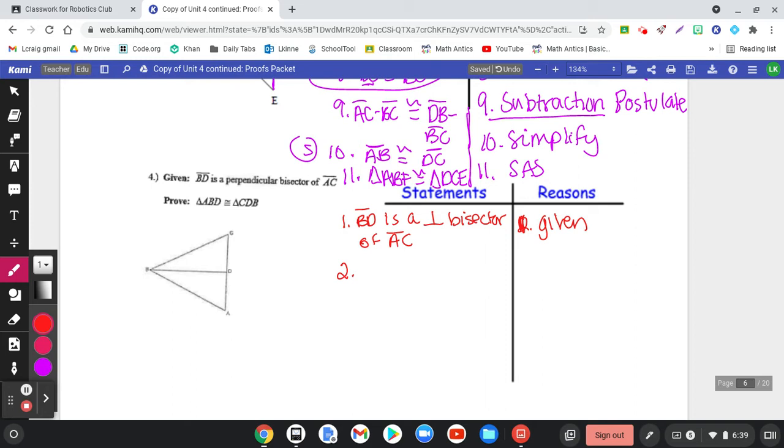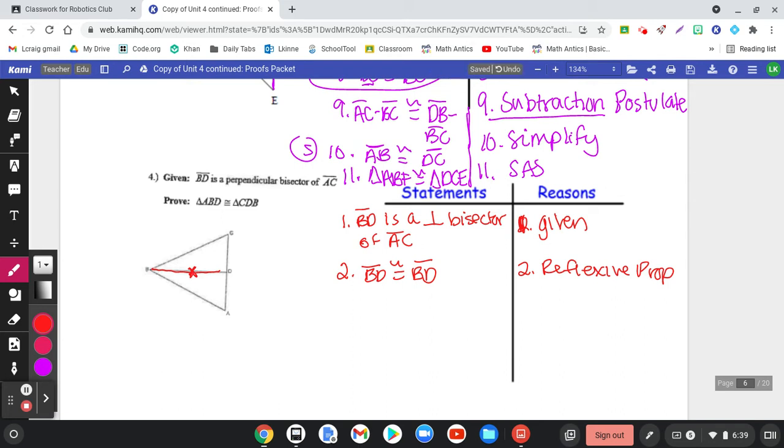I see a freebie right here. So BD is congruent to itself by the reflexive property. And we usually mark that with an X to show it's the same in both triangles.